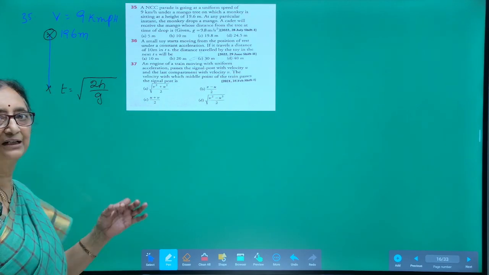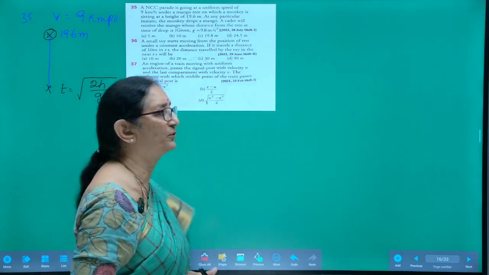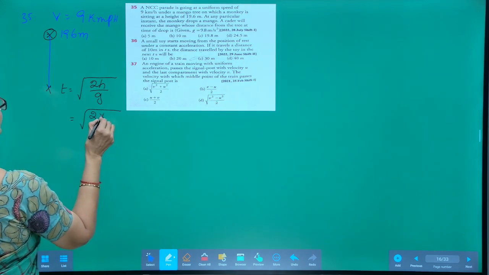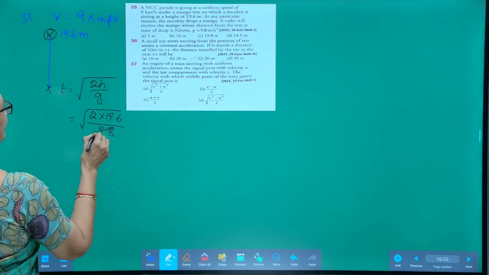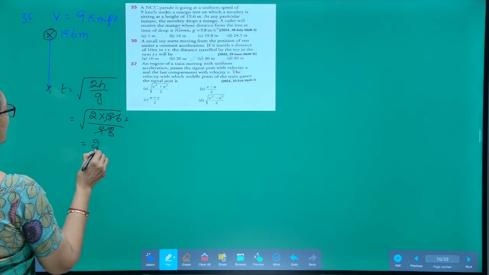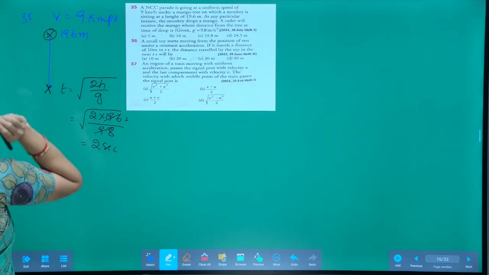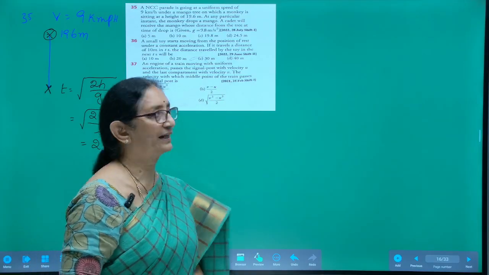If a body is dropped from a height h, time of free fall is square root of 2h by g. So it is 2 into 19.6 divided by 9.8. So this is 2 seconds. So the mango dropped by the monkey takes 2 seconds to reach the ground.